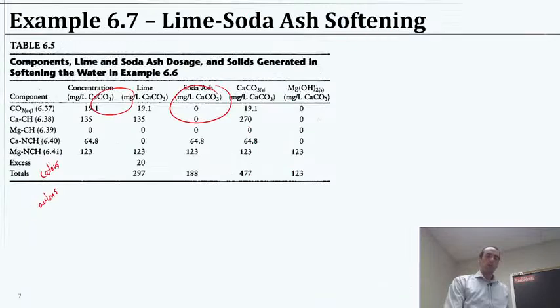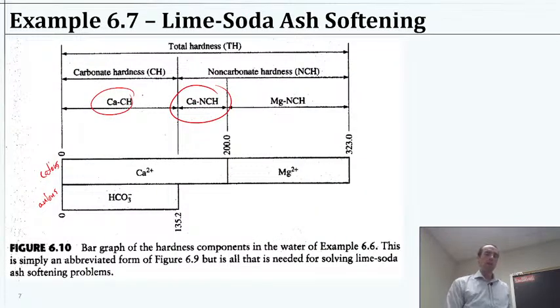But I do think it would be good for you to recognize and be able to make this plot that is two bar charts, or a bar chart with two plots essentially, and then recognize, okay, this is a cutoff, essentially with the bicarbonate.